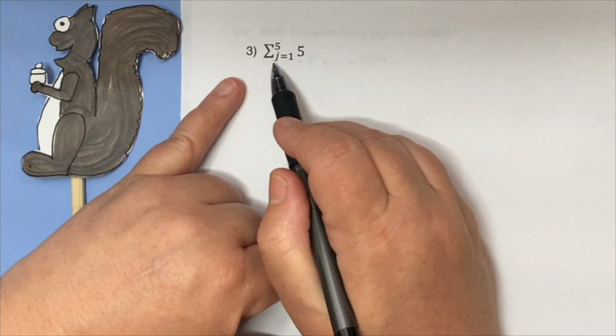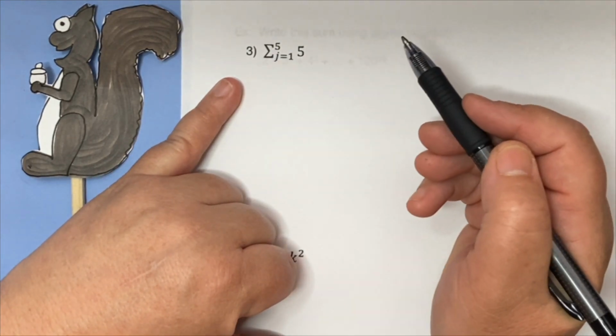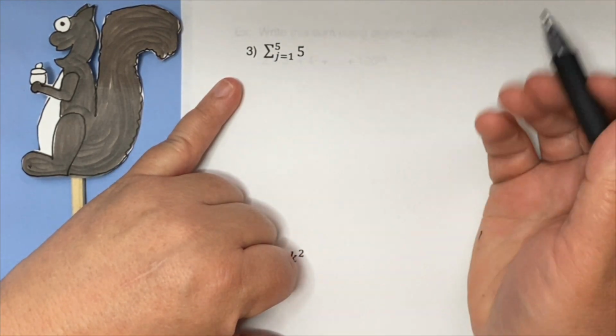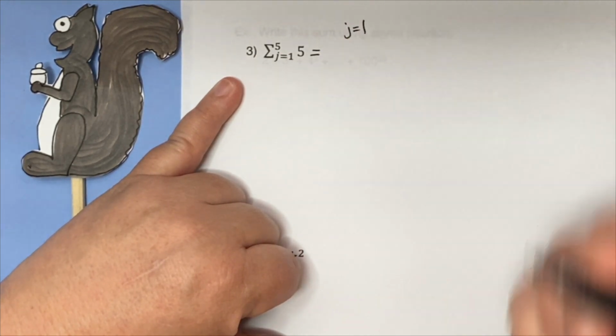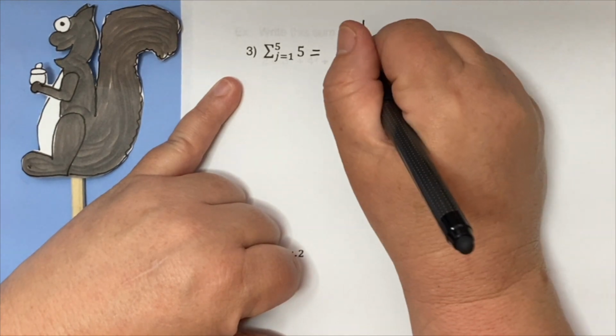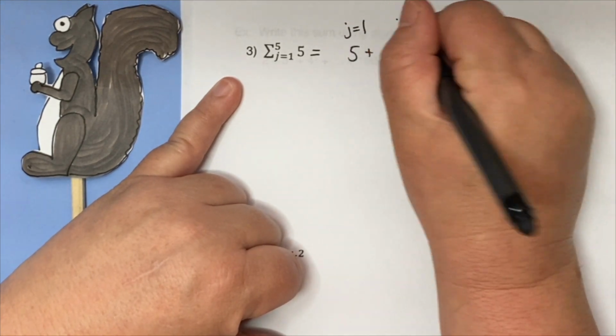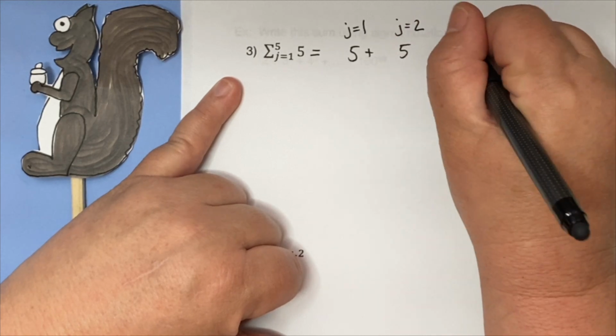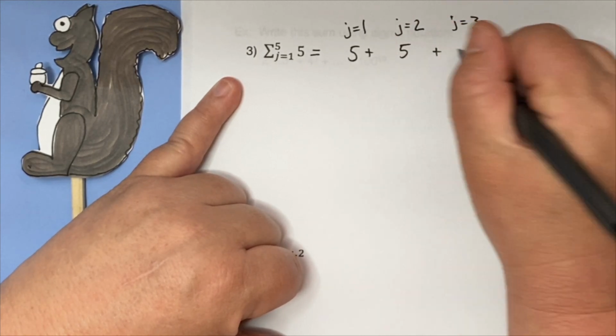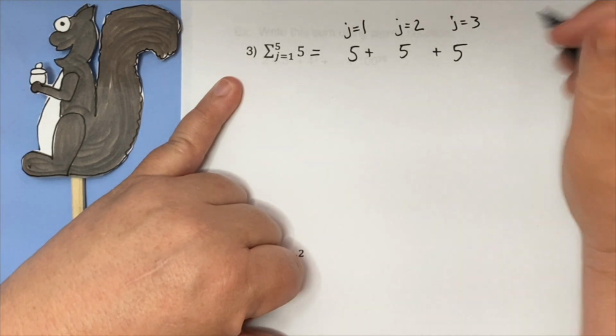It says from j equals 1 to 5, we want to add up 5s. Okay, so for j equals 1, what's our value? 5. Okay, for j equals 2, our value is 5. For j equals 3, what is our value? 5. This is like a constant function, right?